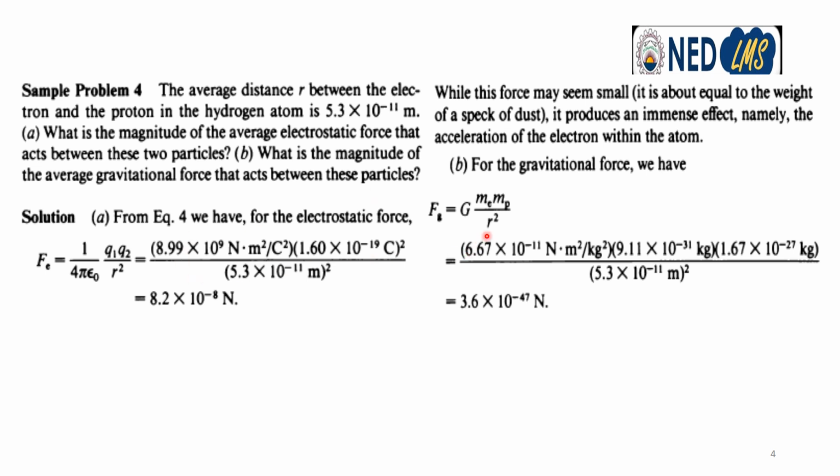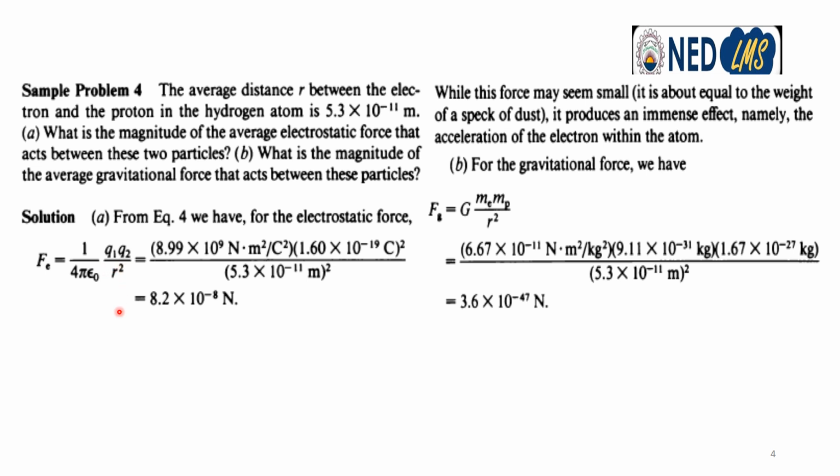We have already discussed in the last lecture that gravitational force is the same as Coulomb's force, or you can say Coulomb's force is the same as the gravitational force. The only difference is that gravitational force uses two masses, whereas Coulomb's force uses two charges.